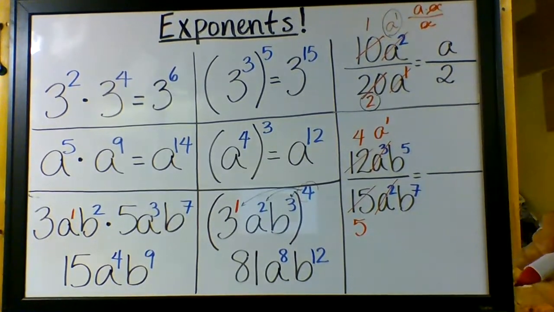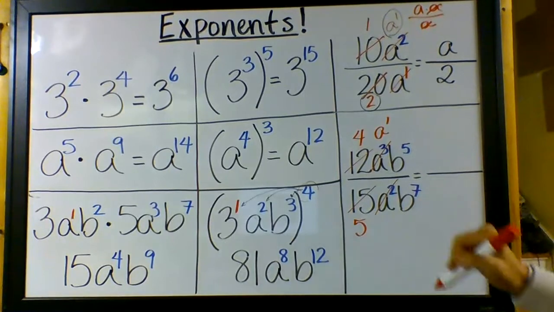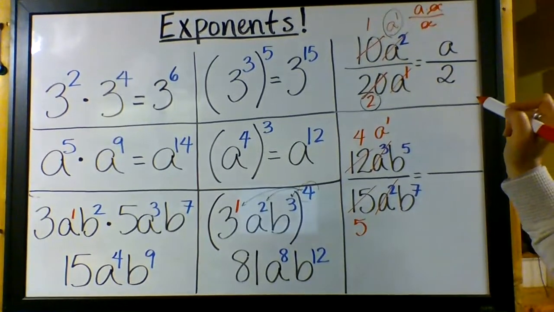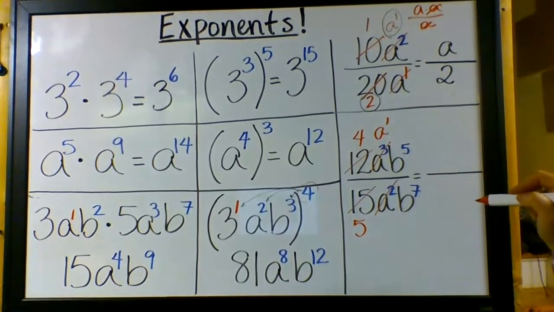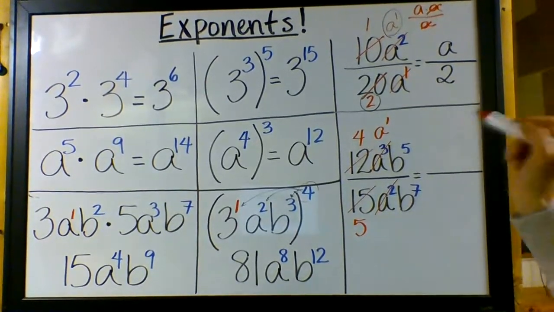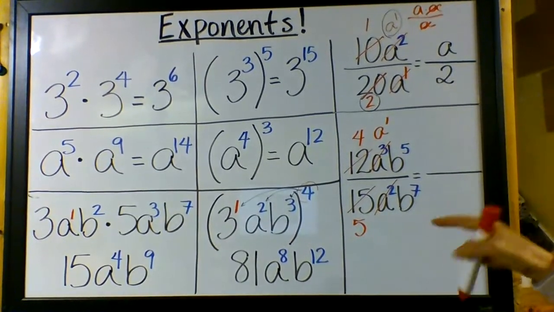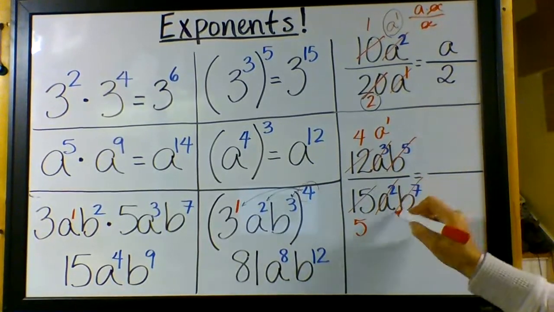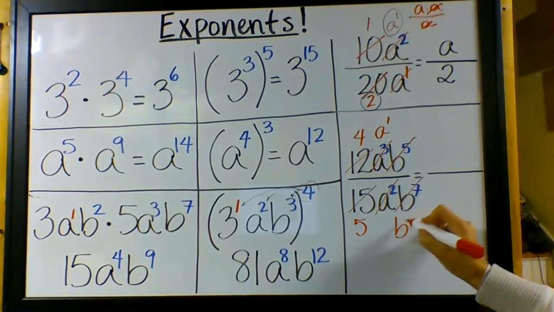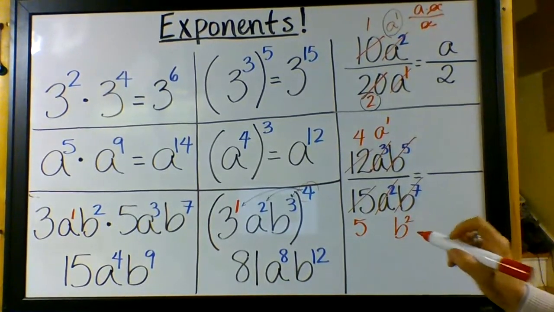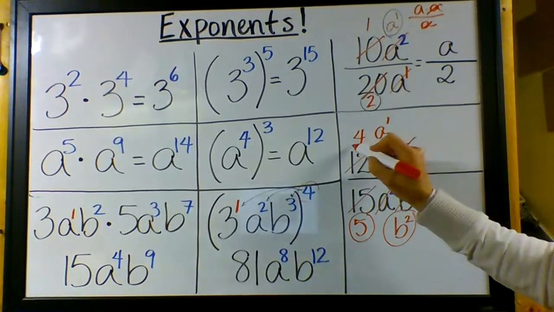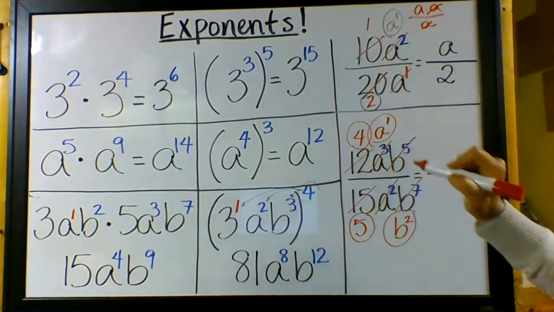And then I have b to the fifth over b to the seventh. If I wrote them all out, 5 b's on the top, 7 b's in the denominator on the bottom, 5 pairs of them would cancel, and I'd be left with 2 in the denominator. So again, I'm going to cross them both out, and I'm going to put a b squared down here. So it looks like I've got 5 and a b squared left, and 4 and a to the first.